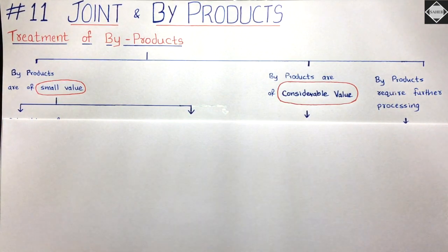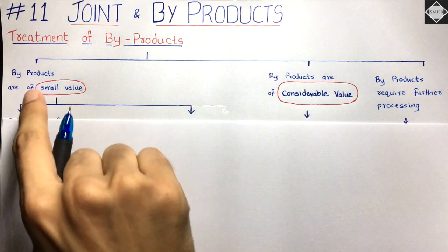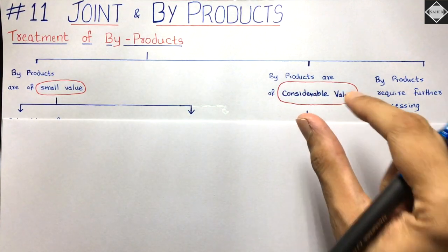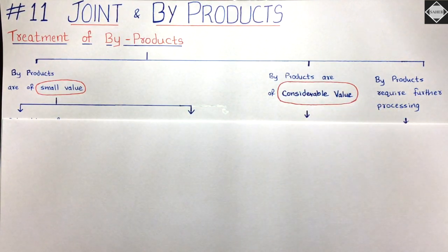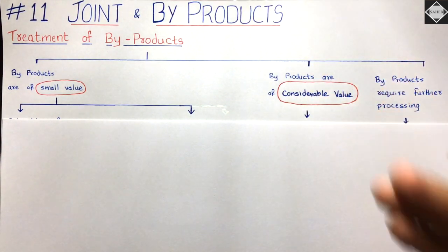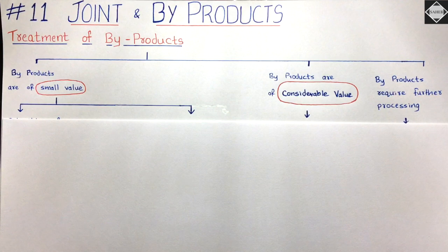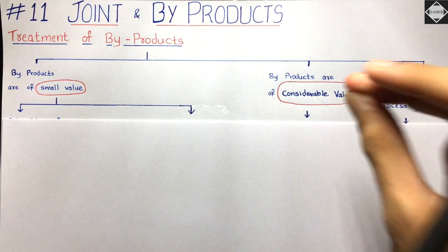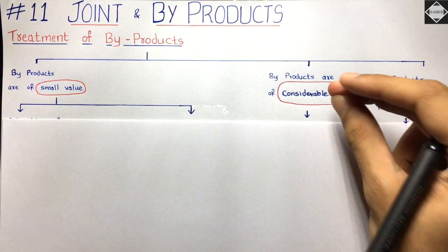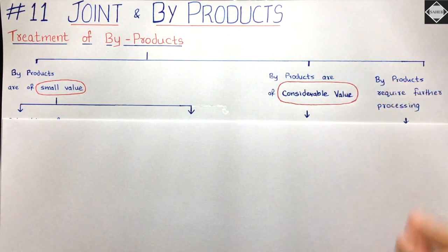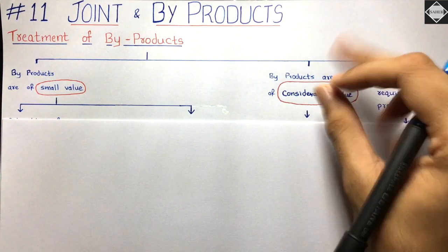But in the exam, the question will mention it. If it is mentioned exactly, then you have to follow that, small value or considerable value, or they can also say commercial value. Or sometimes the question will say to calculate the profit of that byproduct. In that case, immediately you have to understand that if they are talking about the profit of that byproduct, then of course that byproduct has commercial value, considerable value, and there is an established market for that byproduct.